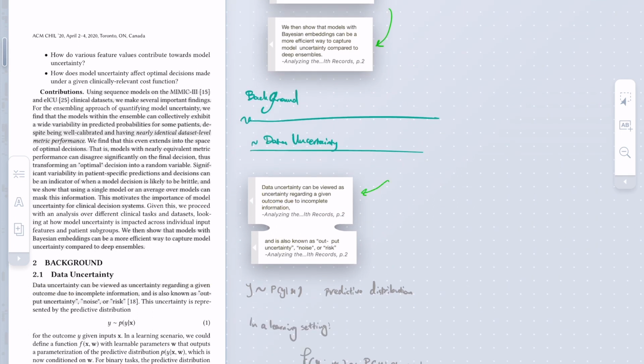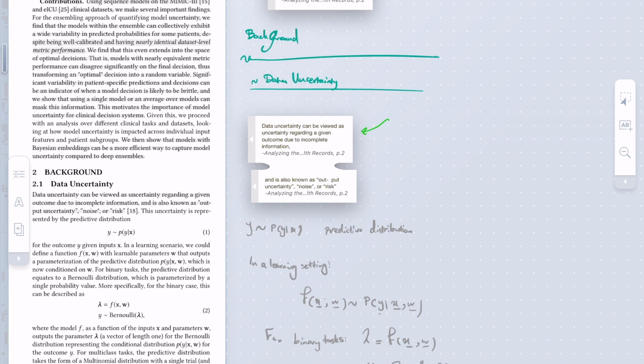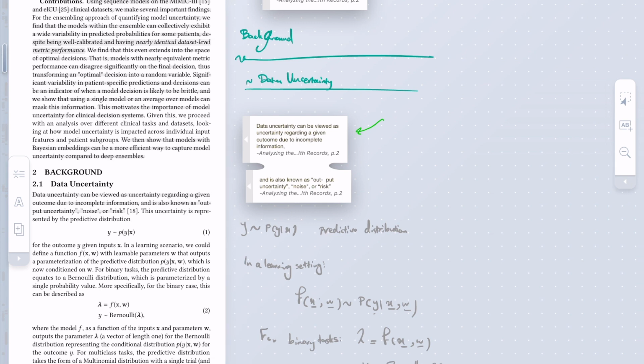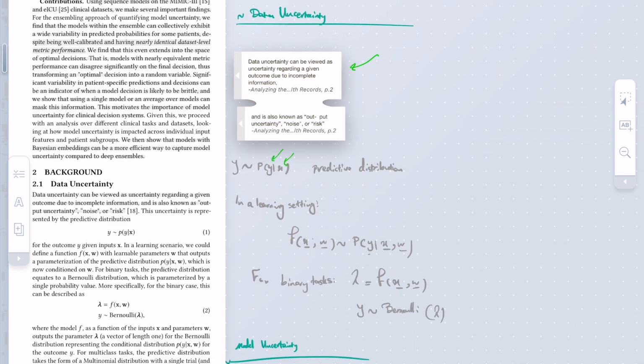So what is data uncertainty? Data uncertainty is basically uncertainty regarding a given outcome due to incomplete information. Assuming that we have the outcome y and input x, in a learning scenario, we can define this function f of x and weights.